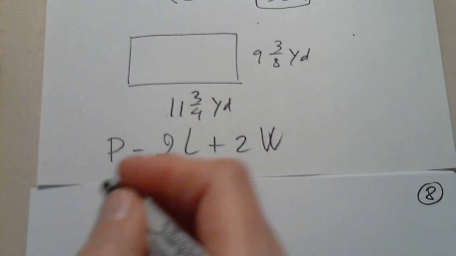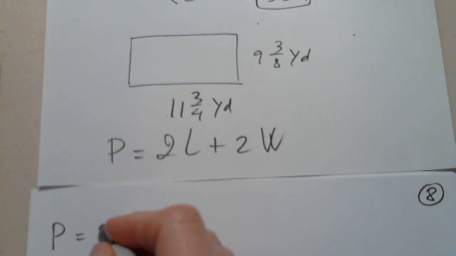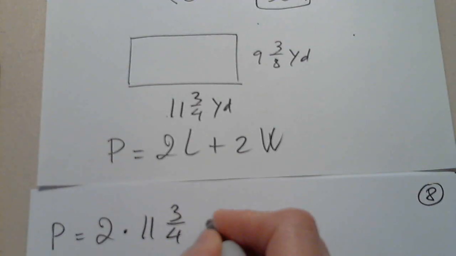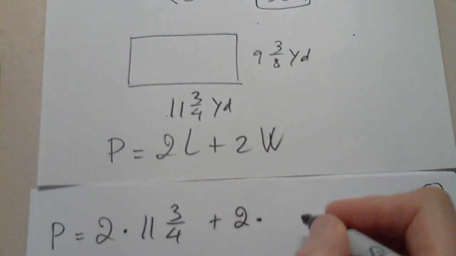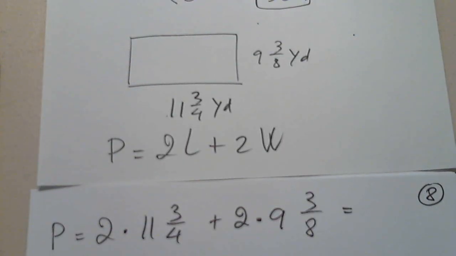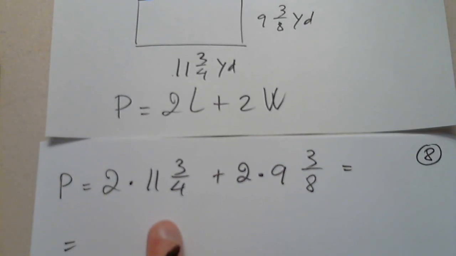Good. So then the perimeter will be twice multiplied by 11 and 3/4 plus twice multiplied by, in other words, 9 and 3/8. Remember, you cannot multiply mixed numbers. You have to change them into an improper fraction.